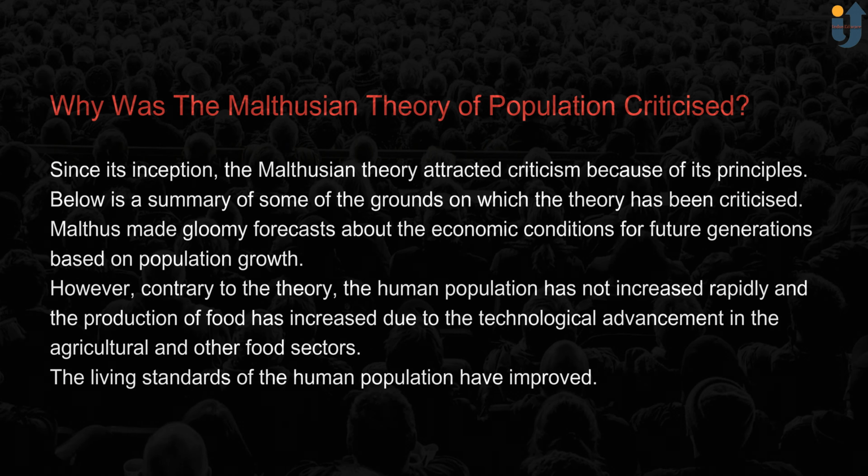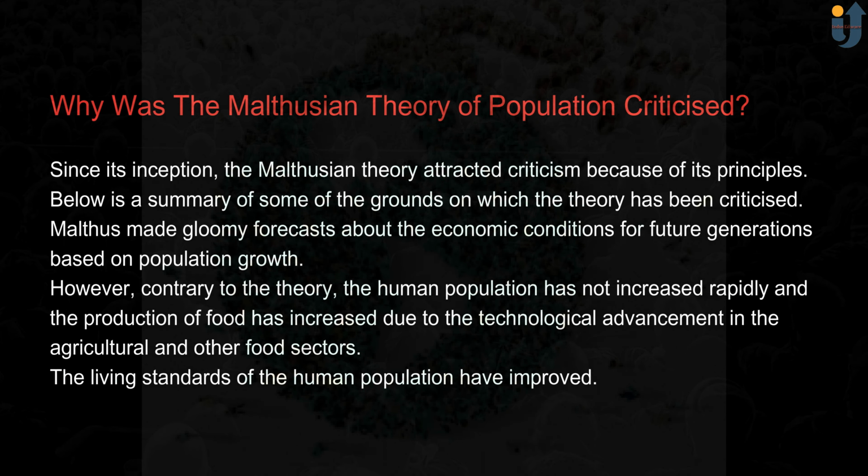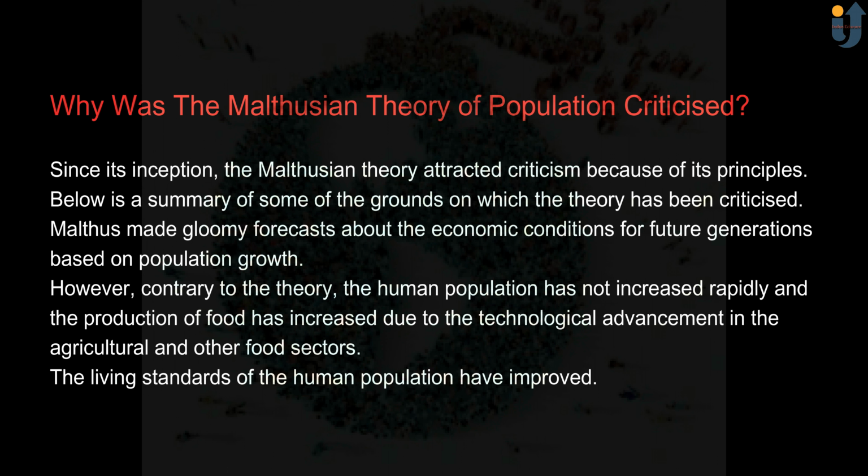Still, the question is, why was the Malthusian theory of population criticized? Since its inception, the Malthusian theory attracted criticism because of its principles. Below is a summary of some of the grounds on which the theory has been criticized.